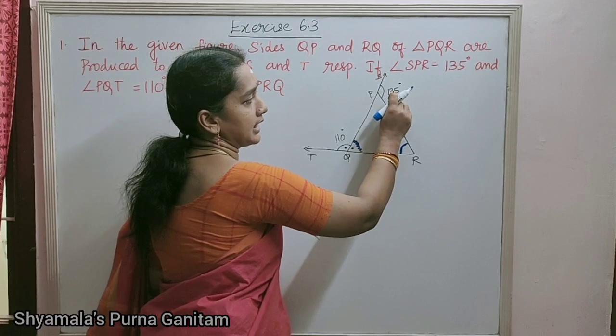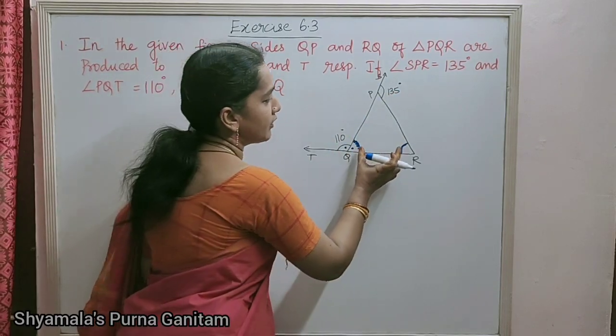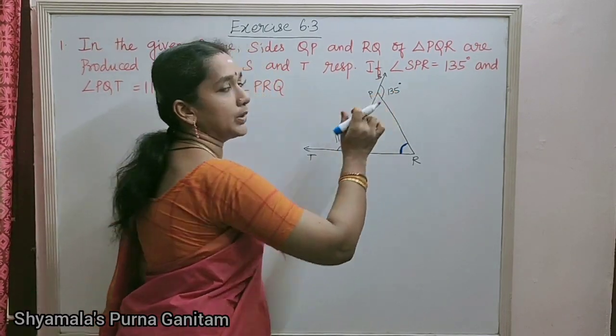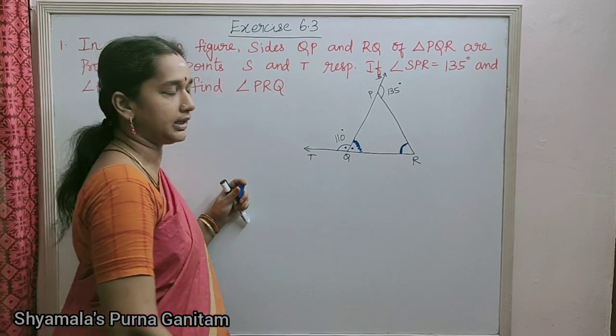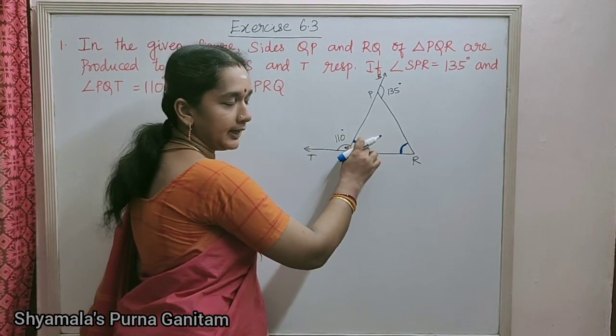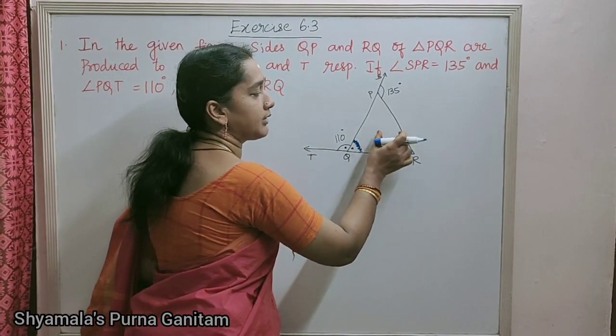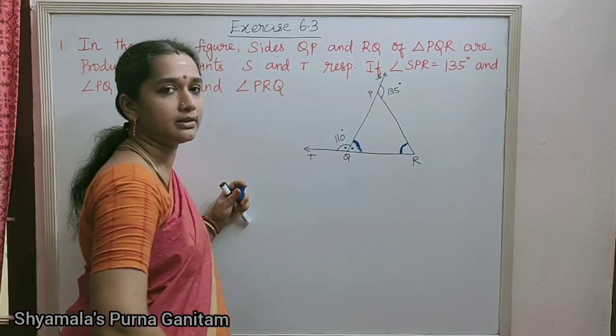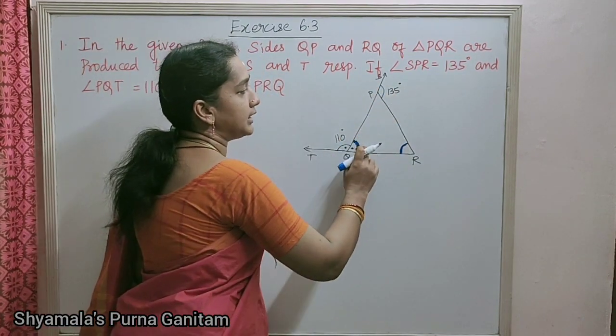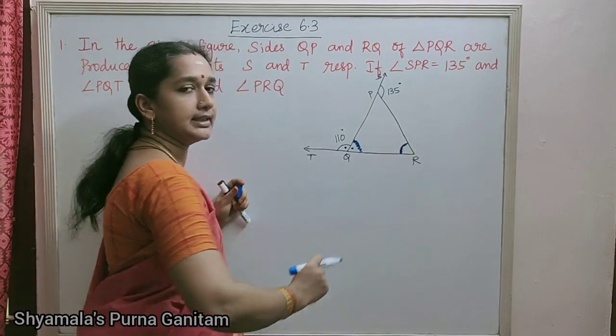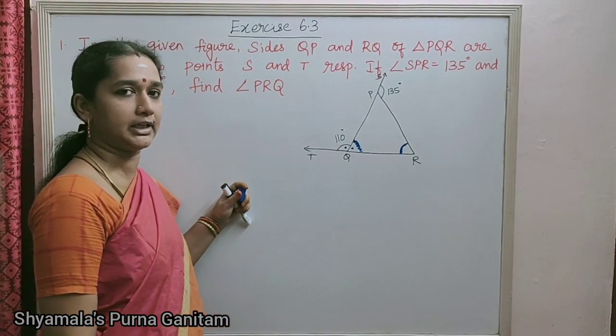So this is 135 degrees. When you add these two angles, you will get 135 degrees. So one angle is 70 degrees. Whatever the other angle is, you have to get 135. So 135 minus 70, you will get this angle. That is 65 degrees.